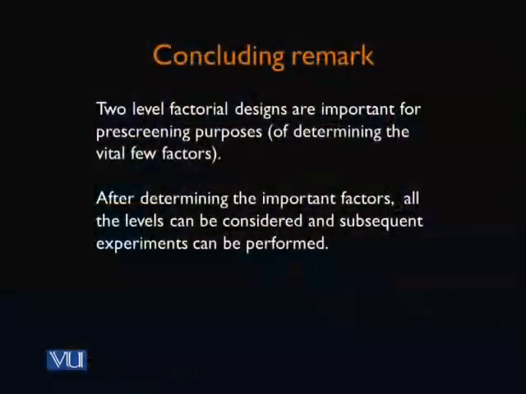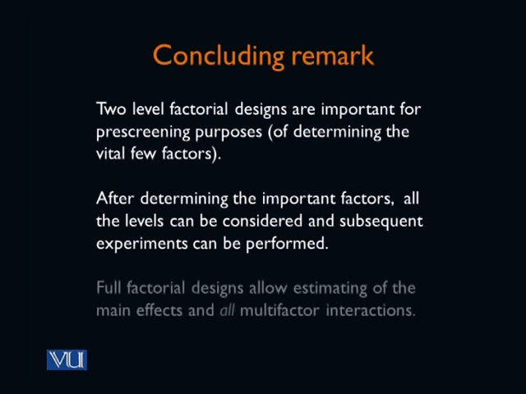And in fact, you need to find out the vital few factors and the vital few interactions from the trivial many. And then after having determined the most important factors and interactions, you can then do a more thorough subsequent study to find out particular levels. You can have a more extensive design to optimize your process.